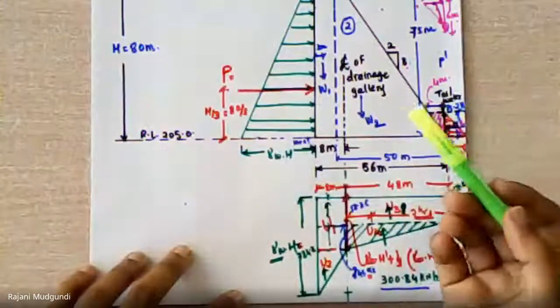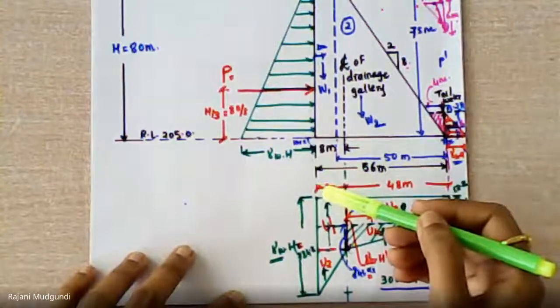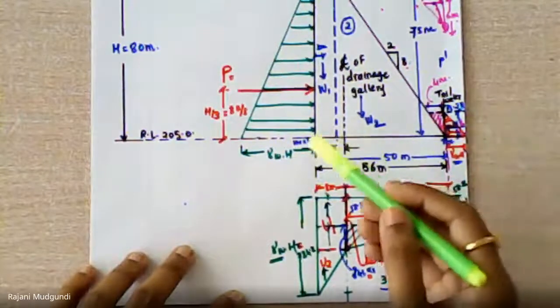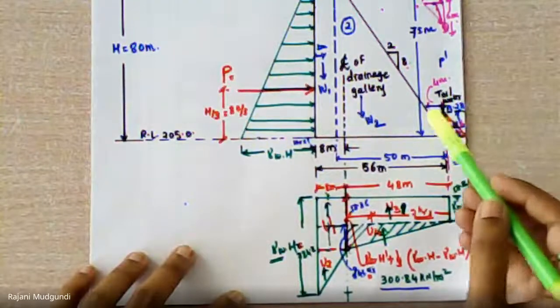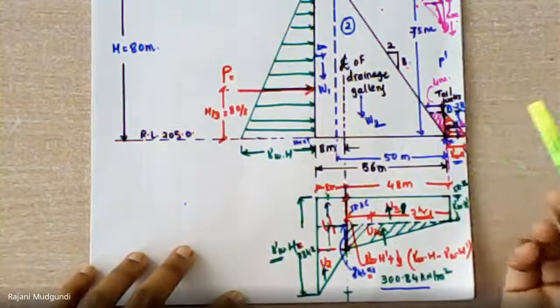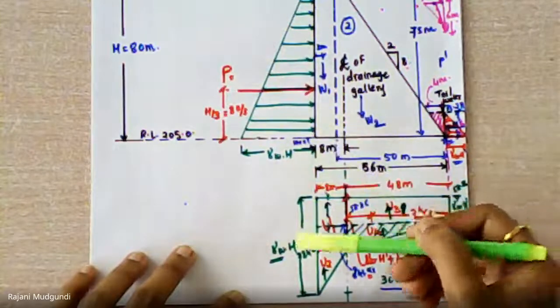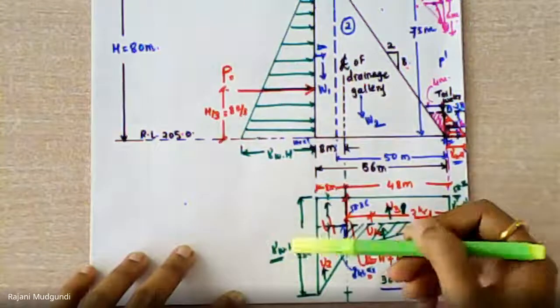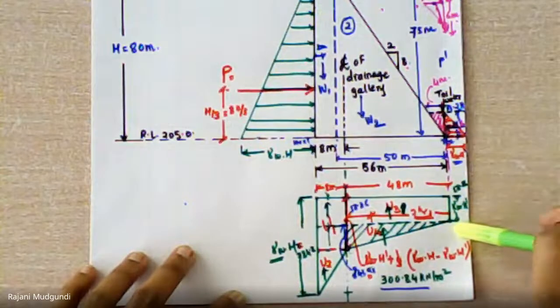As per those recommendations, the uplift pressure intensities at the heel and at the toe respectively will be the values of hydrostatic pressure intensity. Therefore, at the heel, the pressure intensity will be gamma W into H, whereas on the tail side, that is on the downstream side, it will be gamma W into H dash.